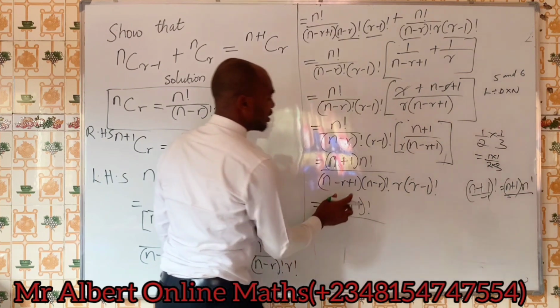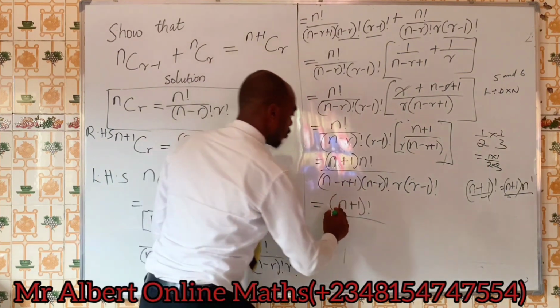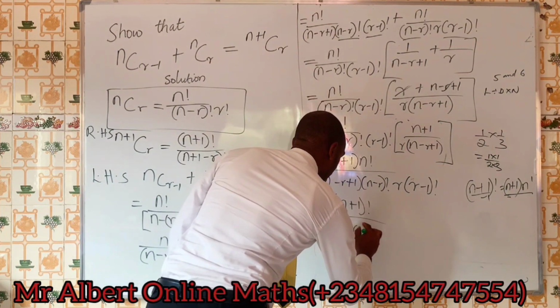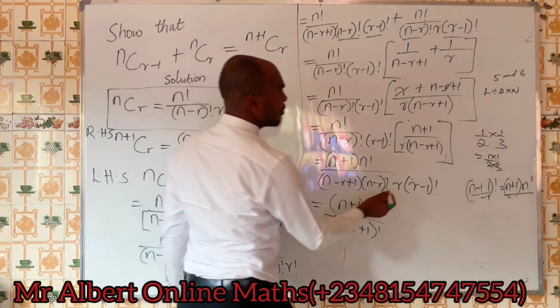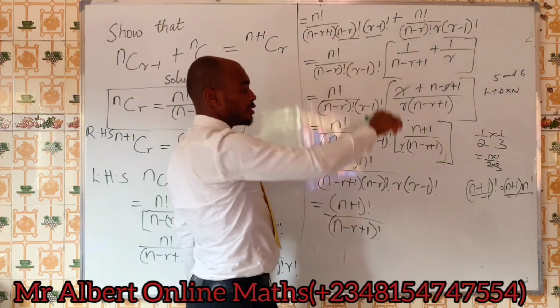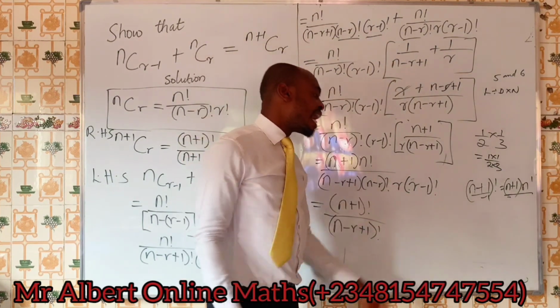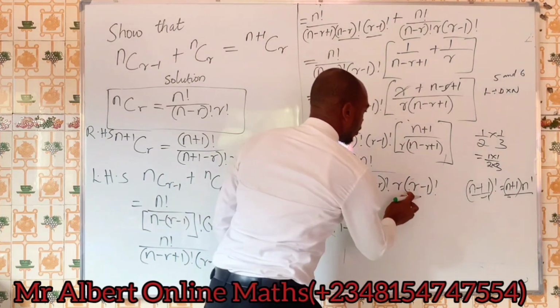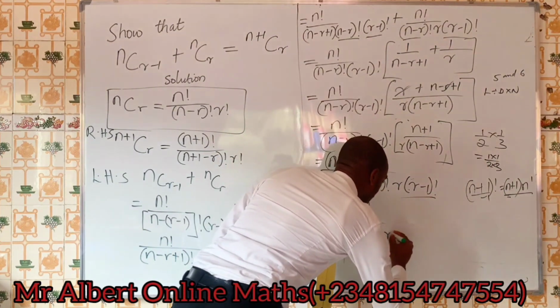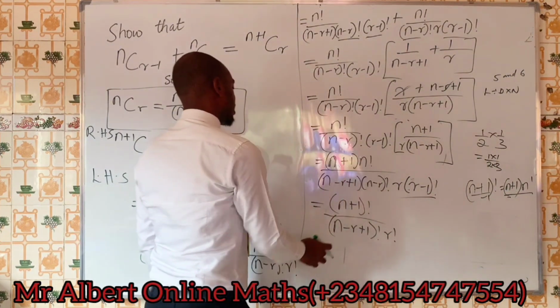The same thing with this, this will give us n minus r plus 1 factorial. The same thing when I gave r, I erased it. r factorial means r times r minus 1 factorial. So in place of this, I will have r factorial. Now this is my left hand side.